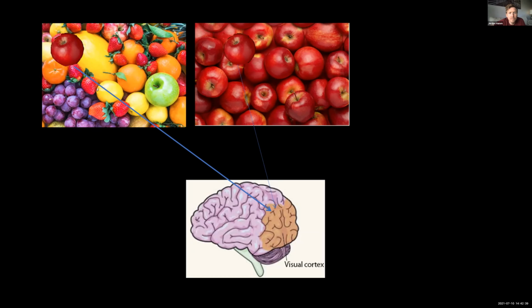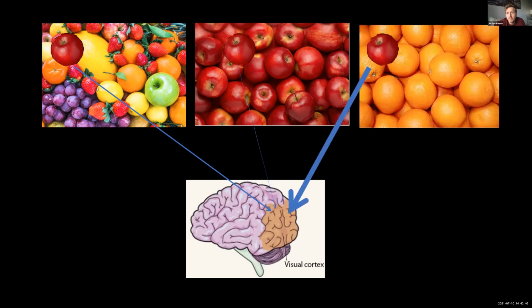Versus if you were to observe the same stimulus in a context in which you were expecting something totally different, like a bunch of oranges, what we observe in fMRI and EEG studies is actually an augmented response, or a larger response, in basic sensory areas.